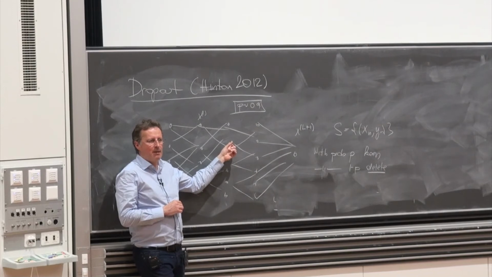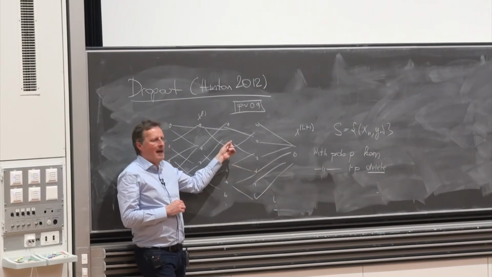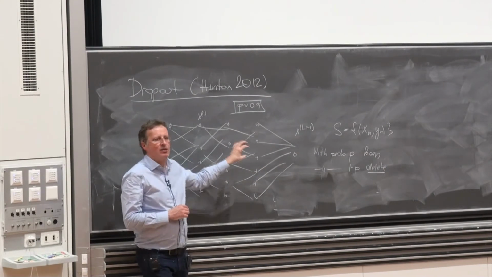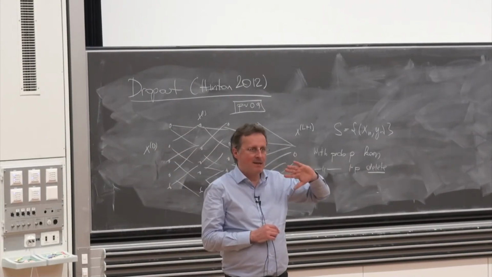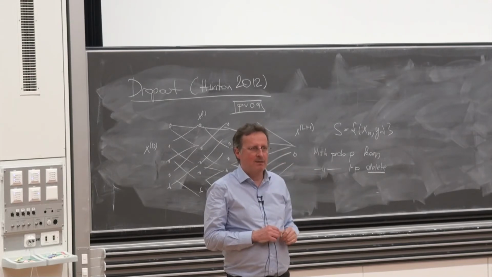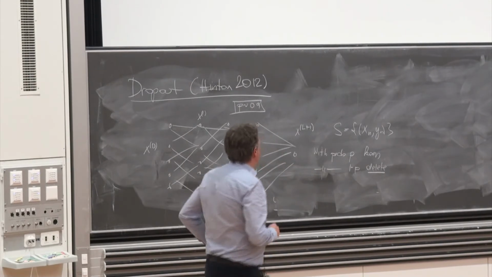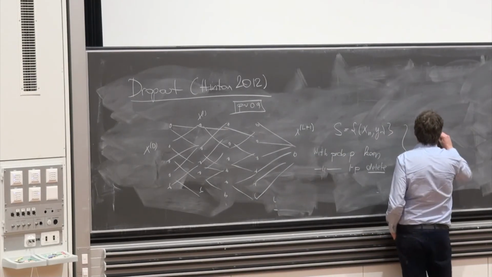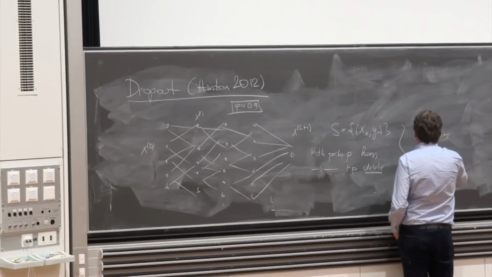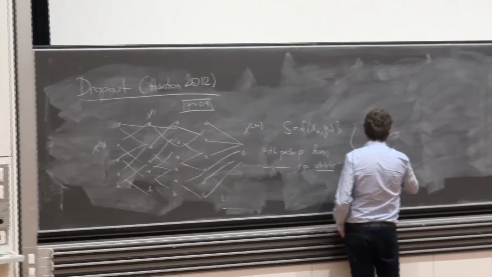It will be a 1 minus p event. And then I simply delete that node from that network. So after I've done this, I will get a sub-network. Is that clear? So this gives me a subnetwork.